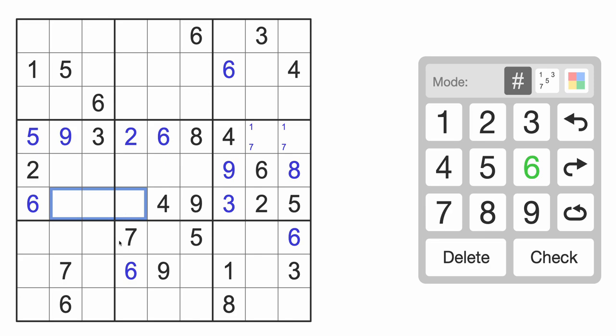Looking at row 6, 7 blocks here, 7 blocks here. So 7 will be here. These will be 1 and 8. 8 here blocks this cell, gives me 1 and 8.